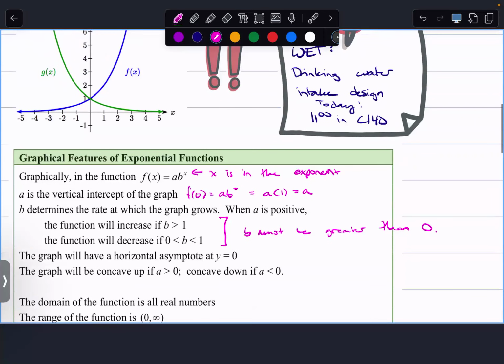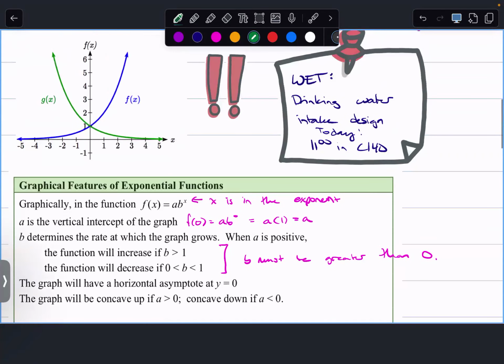So in this case, g of x has b somewhere between 0 and 1, and f of x has b greater than 1.